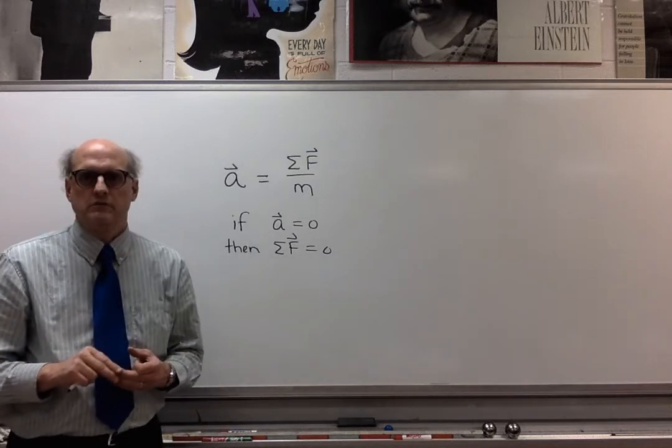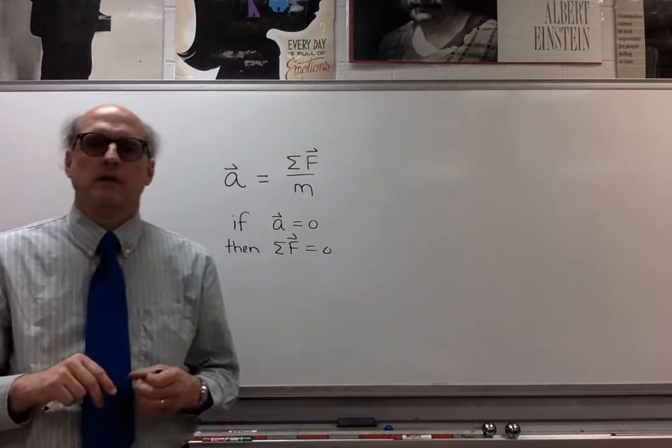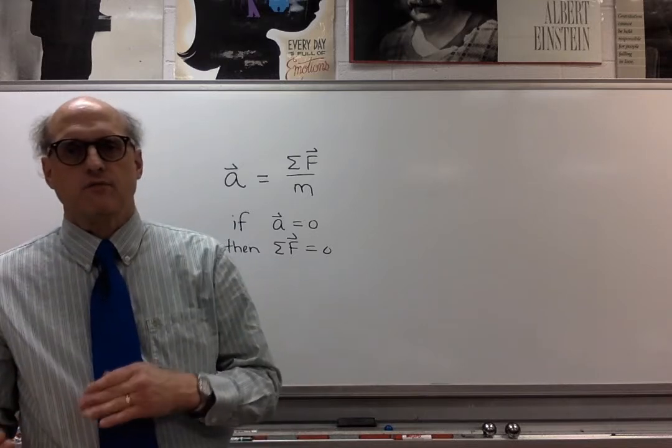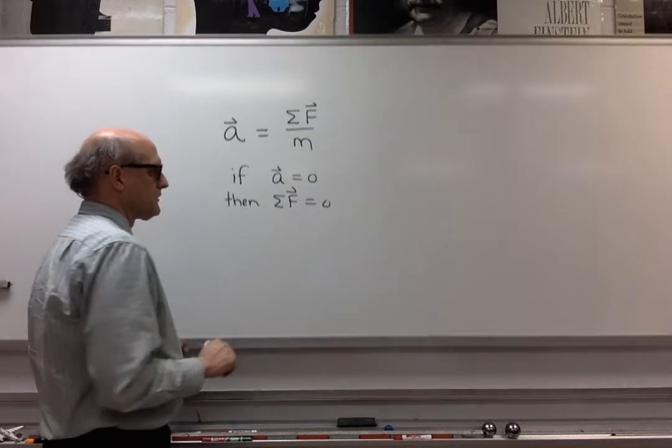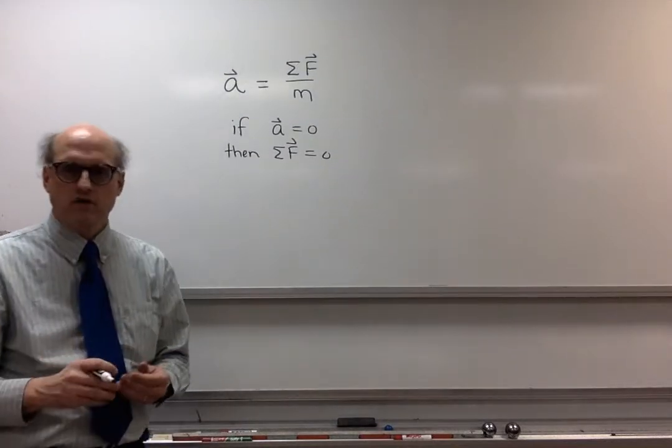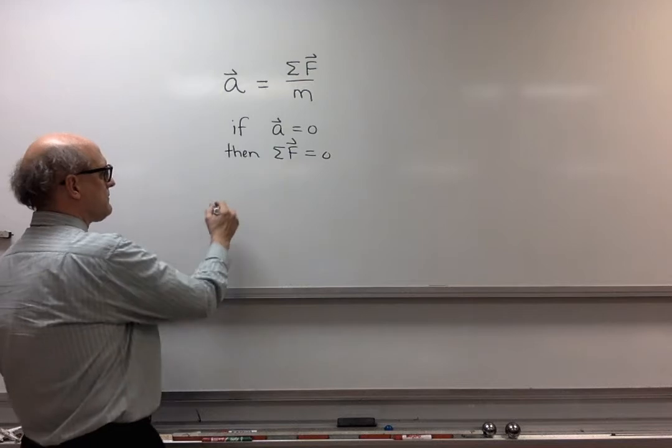The third law states that for every action there's an equal and opposite reaction. But what exactly does that mean? Here's an equation that I like to use for Newton's third law.